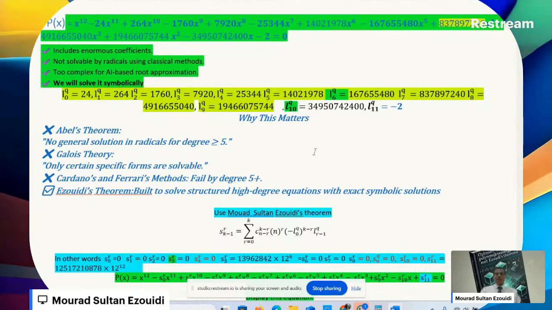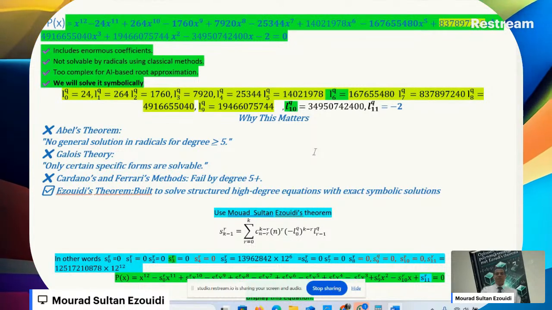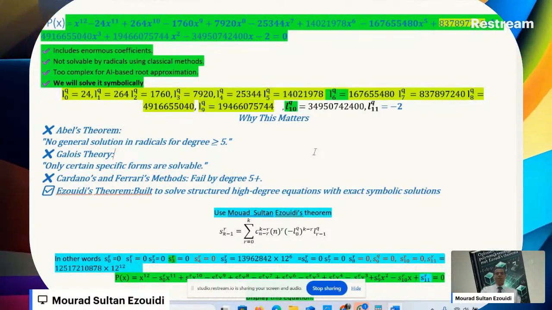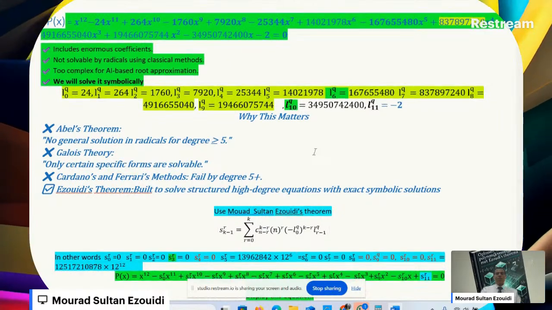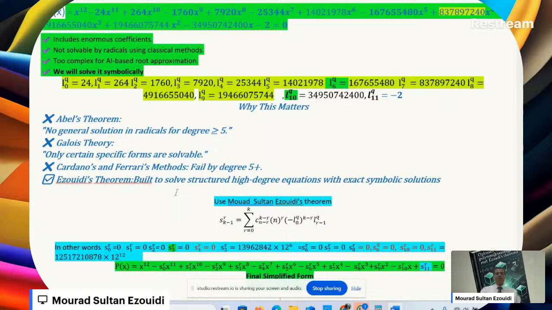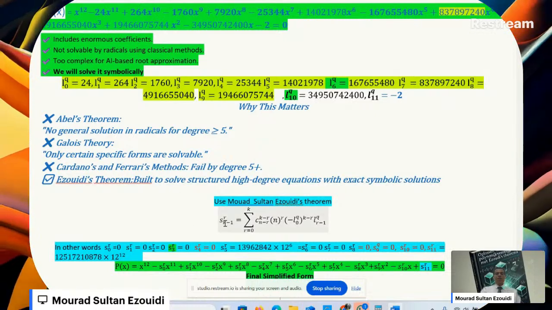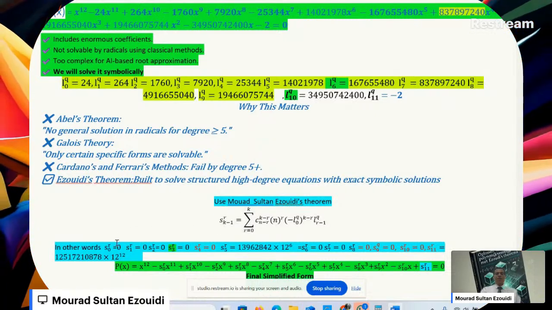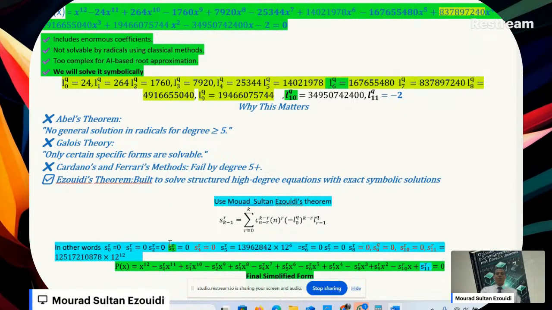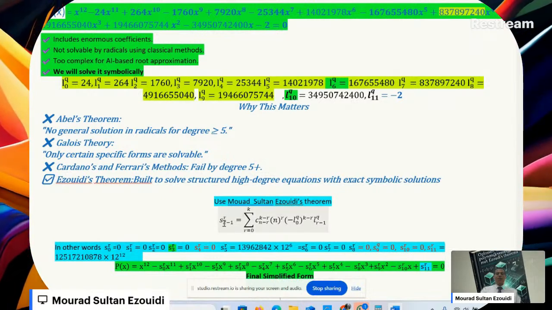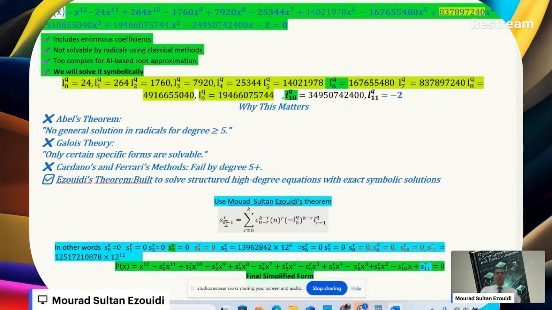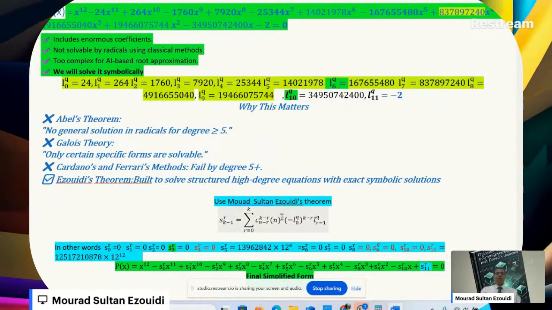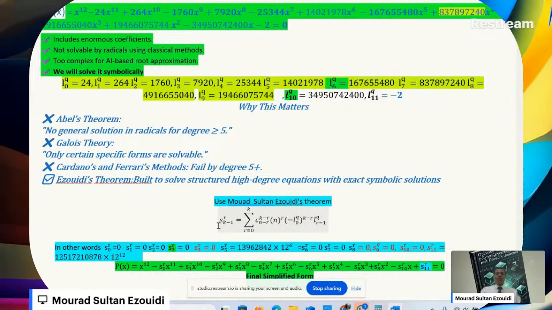So let's calculate this. To find s minus 1, put k equals 0, and you find that it is equal to 1. To find s0, put k equal to 1 in the formula, and you get s0 equals 0. To find s1, put k equal to 2, and you get s1 equal to 0 after making your own calculation.